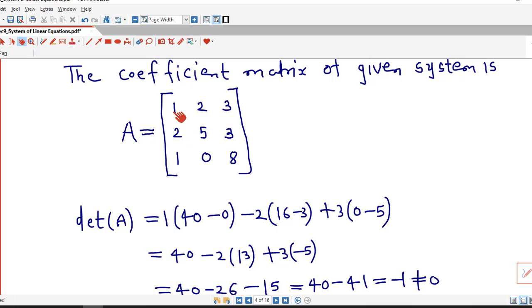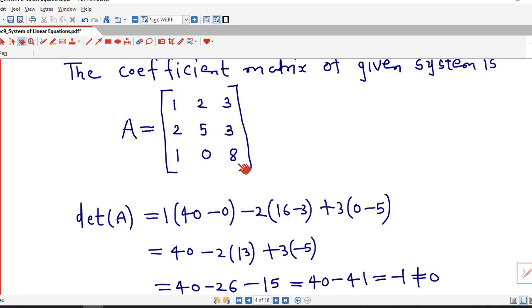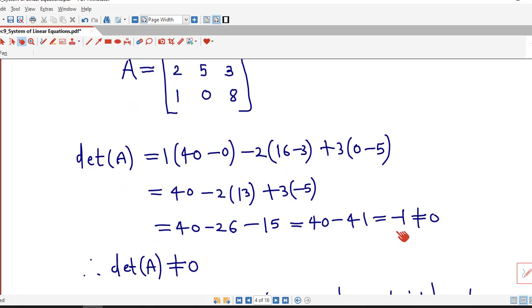So we start from 1 and consider the determinant of the matrix 5, 3, 0, 8, which is 40 minus 0. Then minus 2 and the determinant of 2, 3, 1, 8, which is 16 minus 3. Then 3 and the determinant of this matrix, which is 0 minus 5. After simplifying we obtain minus 1. That means the determinant of the coefficient matrix is non-zero.